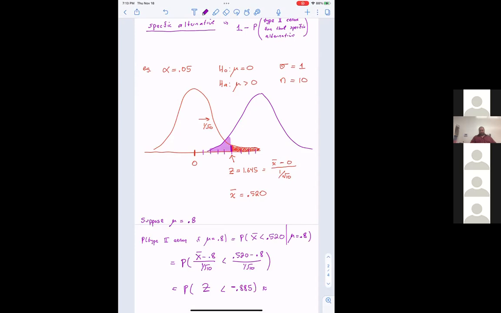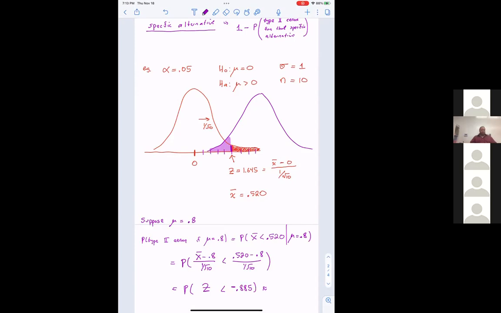But the cutoff region hasn't changed. 0.520 is still the cutoff point. Anything to the right of 0.520, I reject the null hypothesis. Anything to the left of 0.520, I don't reject the null hypothesis.